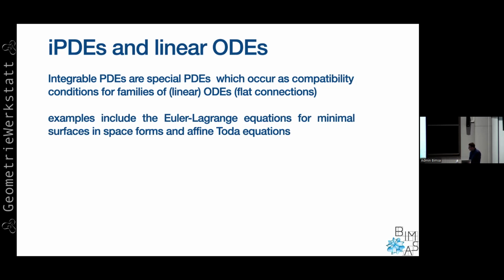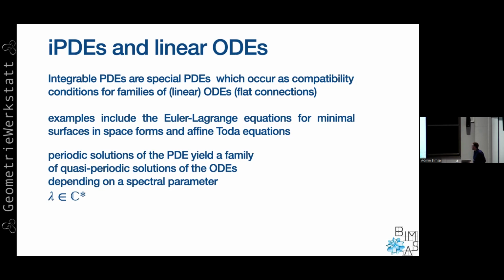Examples of that, of course, include the Euler-Lagrange equations for minimal surfaces in space forms or symmetric spaces, Zeka equations, affine Toda equations, just to name a few from geometry. But of course, they also show up everywhere else in math and physics, as many of you know.